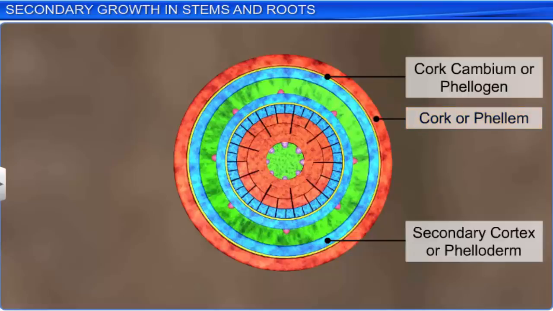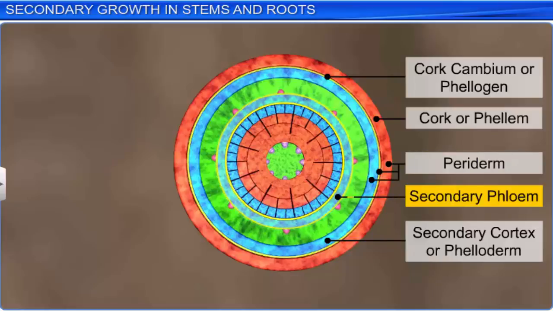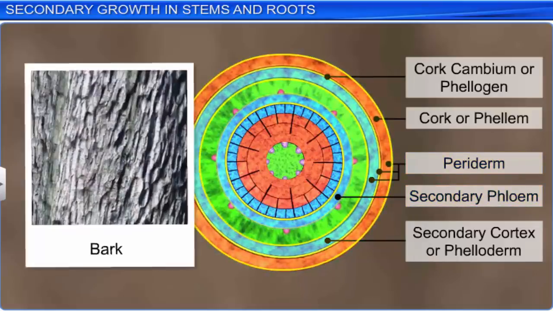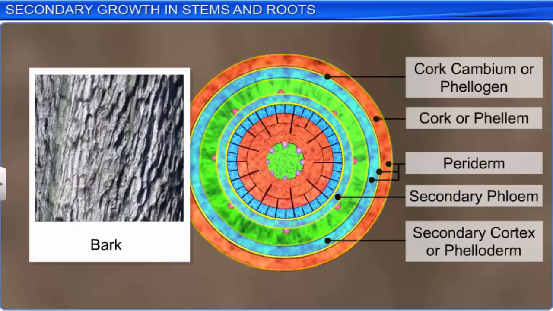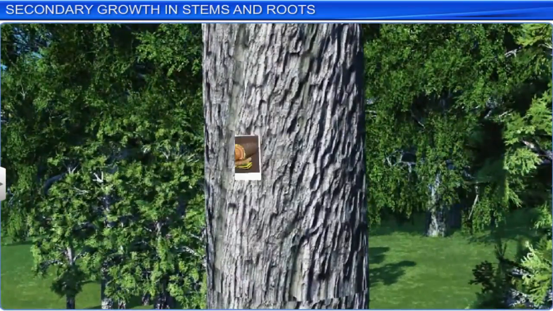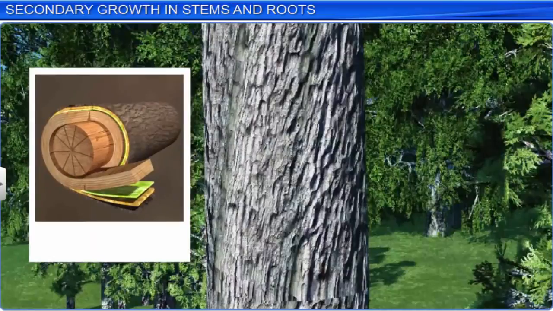Tissue resulting from secondary growth in the cortex, namely cork, phellogen and phelloderm, are collectively called periderm. Tissues outside the vascular cambium, which includes the secondary phloem and periderm, are typically known as bark. Bark forms the outermost layer of the stem and roots of woody plants.